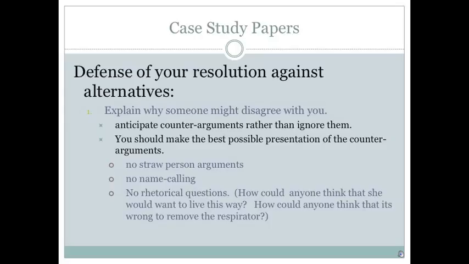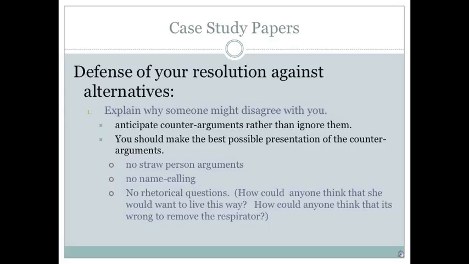So, for example, you might say, well, how could anyone think that she would want to live this way? Now, when you say it like that, you're meaning only an idiot would think that. But if you use rhetorical questions, my comment is going to be, your job was to tell us how someone could think that, and then why you think that reasoning is wrong.